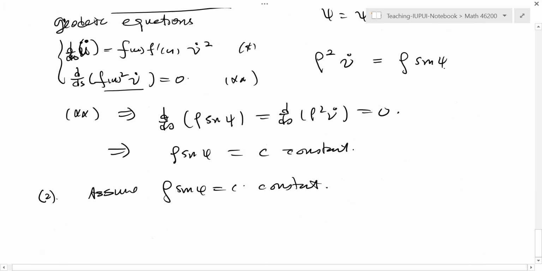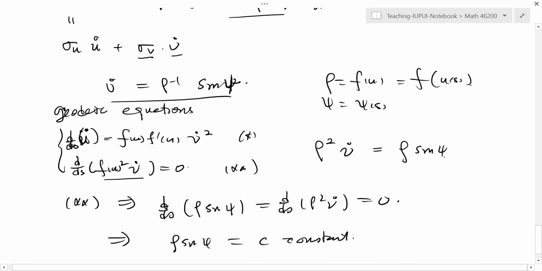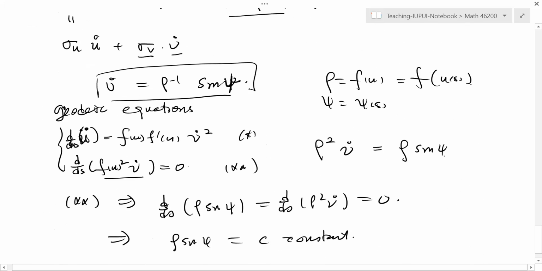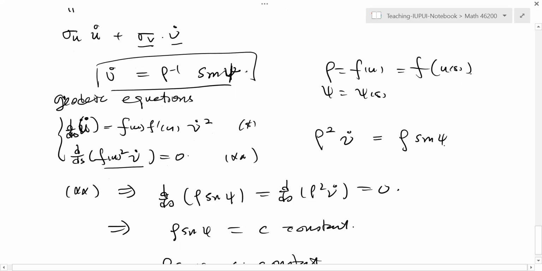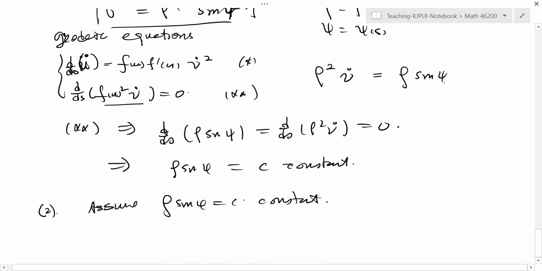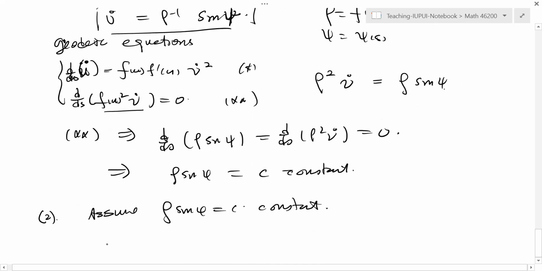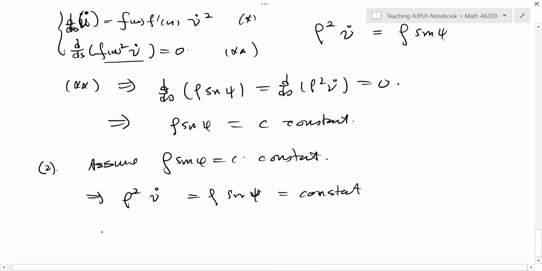But from the above we have this identity. We always have this identity, regardless of whether it's geodesic or not. So that means rho square v dot is constant.